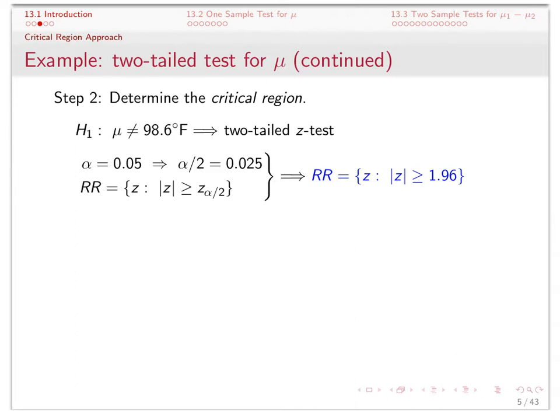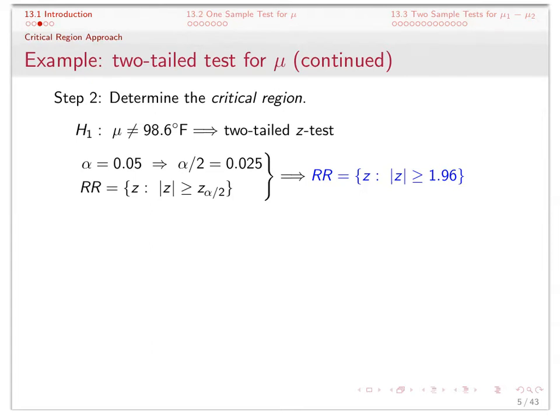So let's first determine the critical region. Since we know we're going to be performing a z-test, we're going to construct our rejection region based upon the z-distribution. Also, when we look at the alternative hypothesis, which states that mu is not equal to 98.6 degrees Fahrenheit, that tells us we're doing a two-tailed z-test.